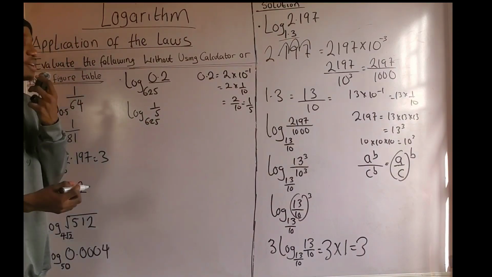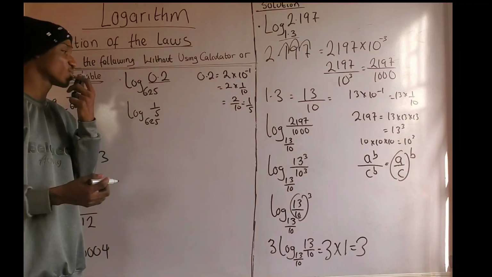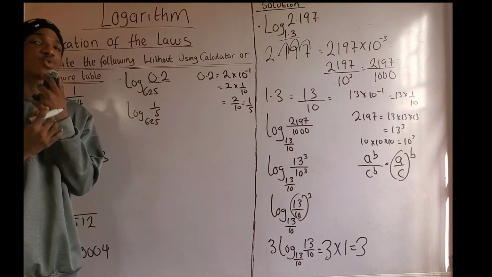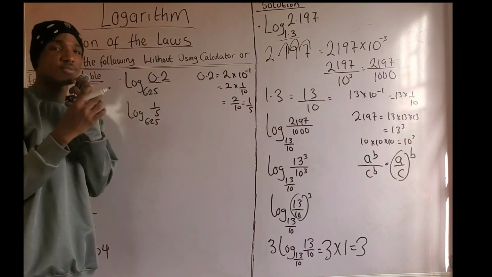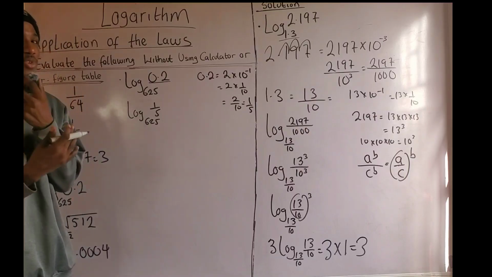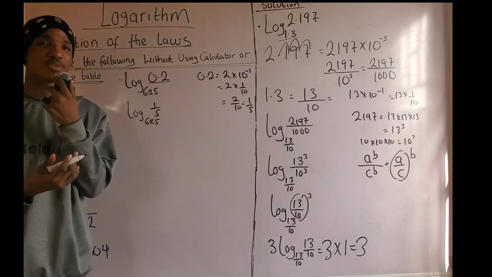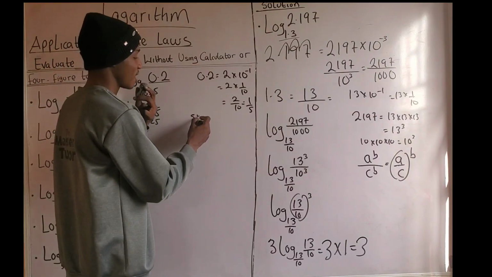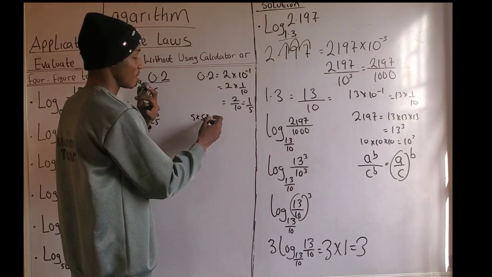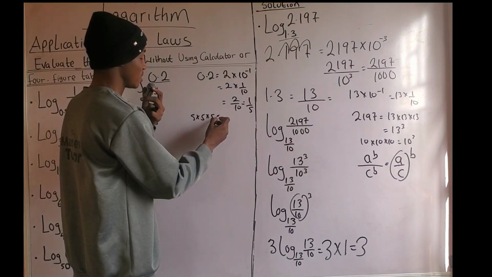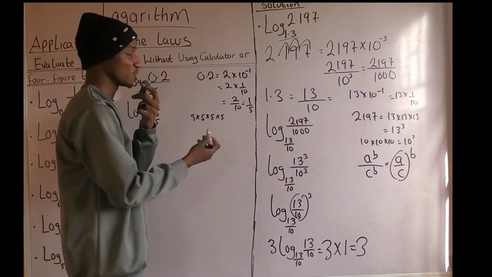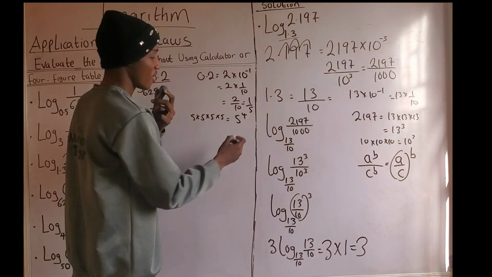Okay, now we can write 625 as an index of 5. Are you getting it? So how many 5s can I multiply together to give me 625? 5 times 5, 25, times 5, 125, times 5, 625. So this will be 5 raised to the power of 4, right?